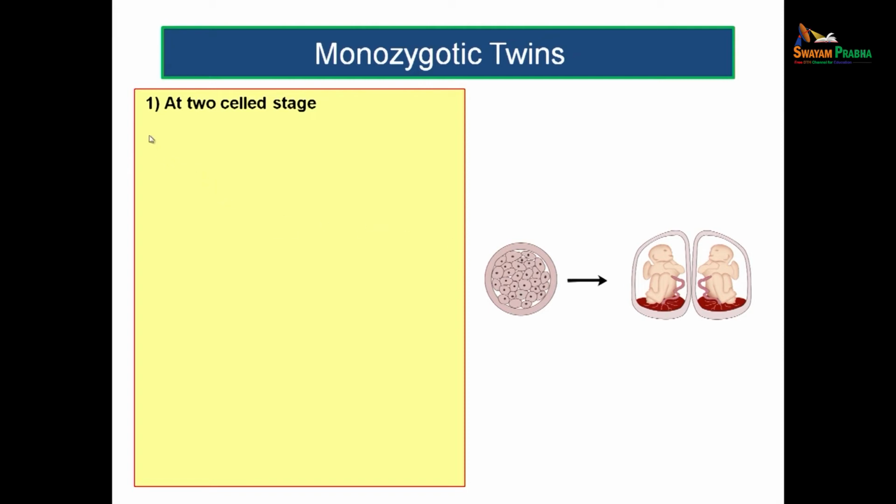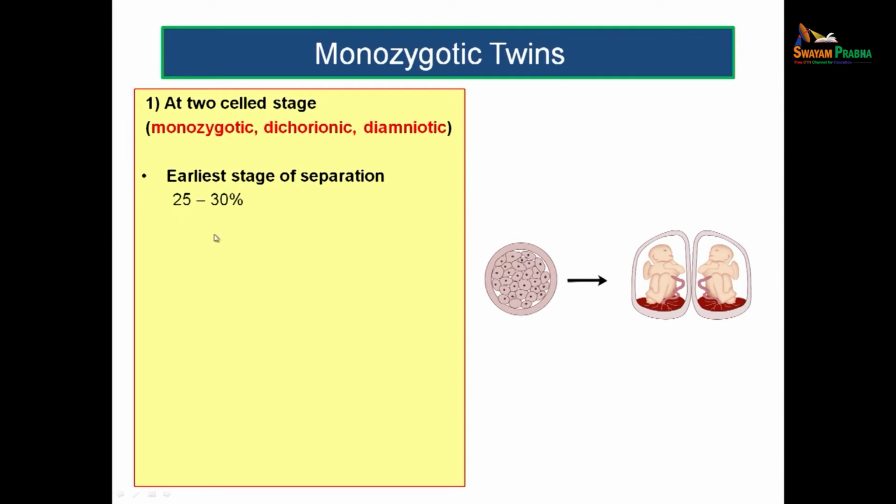If the division happens at the 2-cell stage or even up to morula, that means before the formation of the inner cell mass, this is when we get the formation of monozygotic, dichorionic and diamniotic twins. This is said to be the earliest stage of separation, and this happens in 25 to 30% of monozygotic twins.